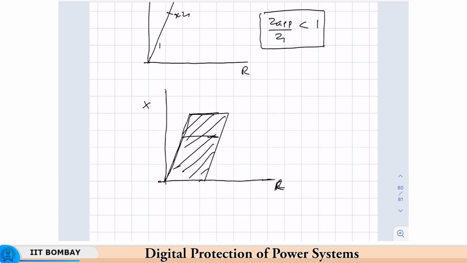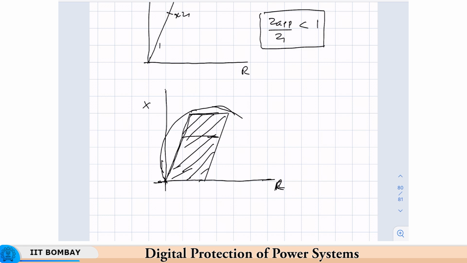which lies primarily in the first quadrant. Okay, so there are some parts which are there in the second and the fourth quadrant, but primarily it is contained in the first quadrant. So it is sort of approximating what you want, and though it is not ideal, it serves the purpose most of the time.